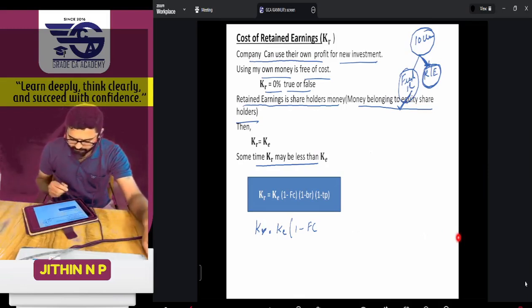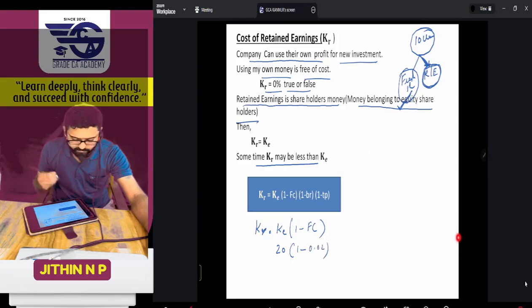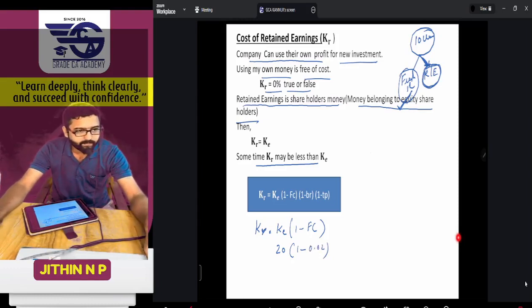Clear? 20% is K. Then 1 minus flotation cost 2%, 0.02. That means 20 into 0.98. Calculate 20 into 0.98: 19.6% is KR. K is 20%.